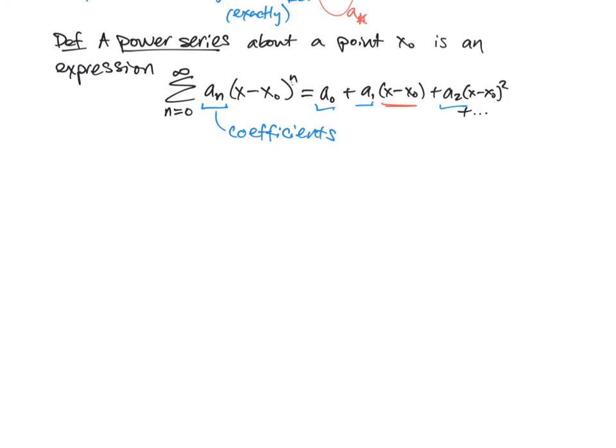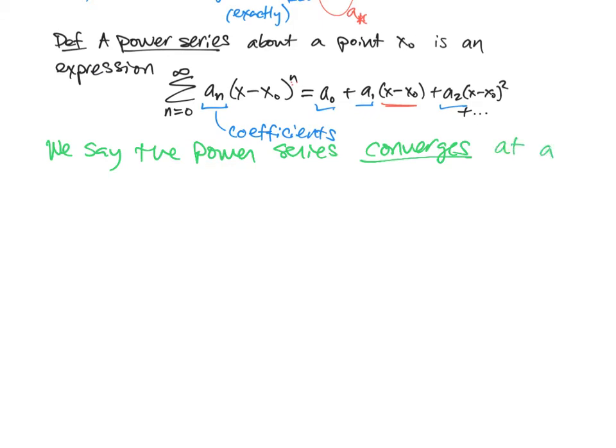So we say the power series converges at a particular point. Now if you plug in a value for x, then you get just an infinite series. It's not a power series anymore, it's just a series of numbers, a bunch of numbers getting added together.